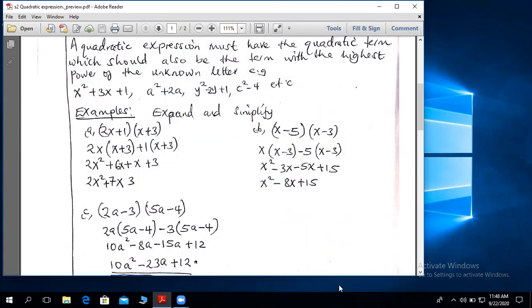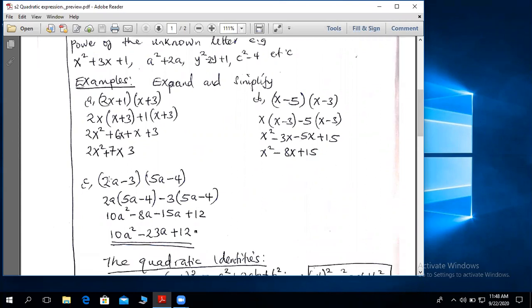We have another one here. We have 2a minus 3, and we are multiplying it by 5a minus 4. So this one will give us 2a times the whole of that bracket, which is 2a into 5a minus 4, then minus 3 into 5a minus 4.